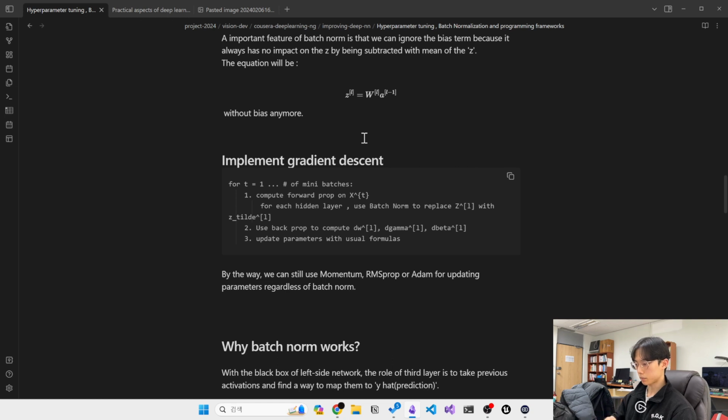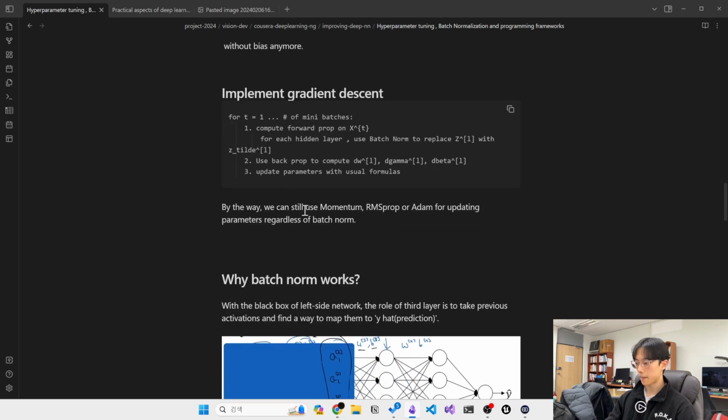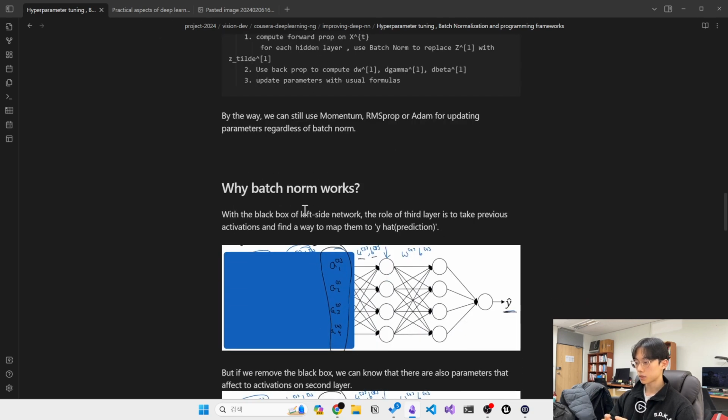Then we compute back propagation, computing dW^[l], d gamma^[l], and d beta^[l], where gamma and beta are the new parameters added by batch normalization, and update the parameters with the formulas we already used before. We can also use optimization algorithms like momentum, RMSprop, and Adam for updating parameters, regardless of using batch normalization.